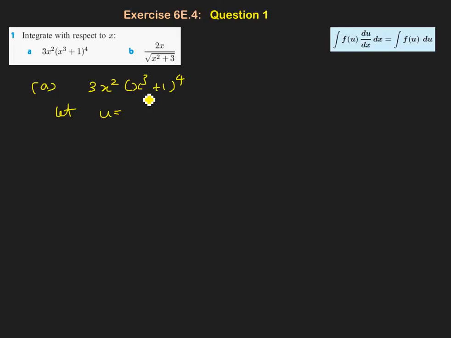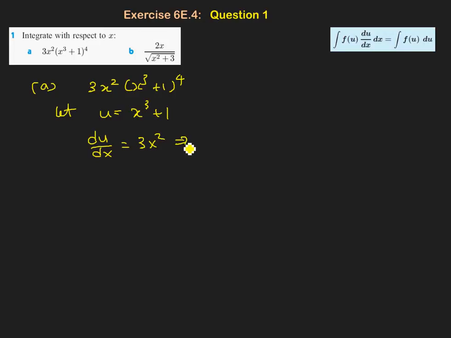Now if you think about it and observe carefully, you realize that x cubed plus 1 is actually the antiderivative of 3x squared. So we're going to replace this one here. We choose it and differentiate it, I mean, get 3x squared.